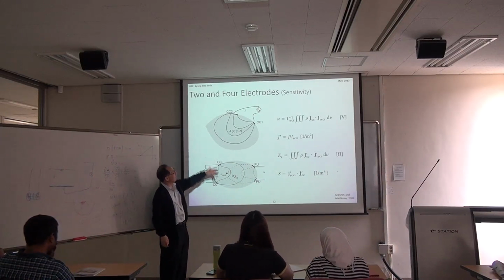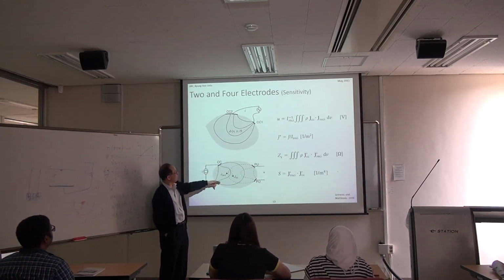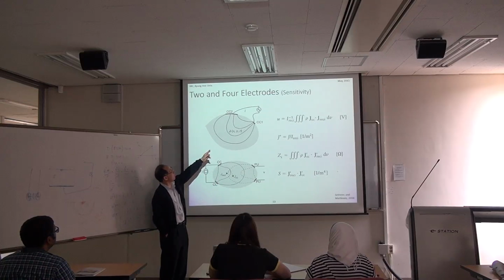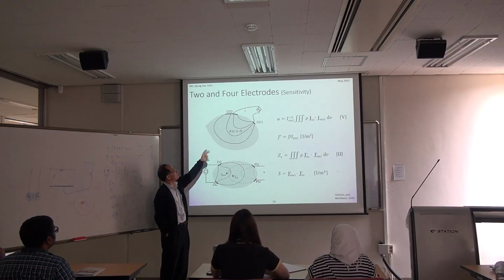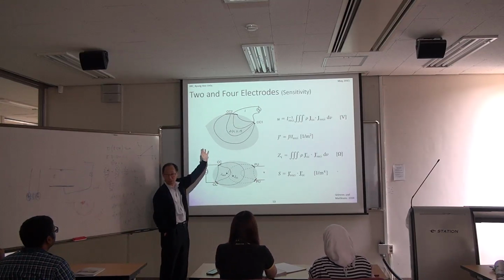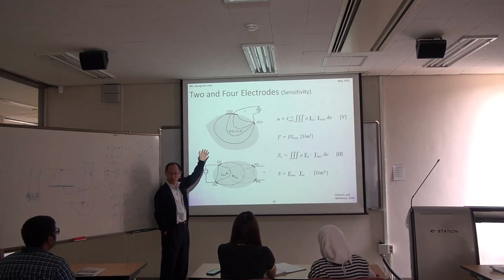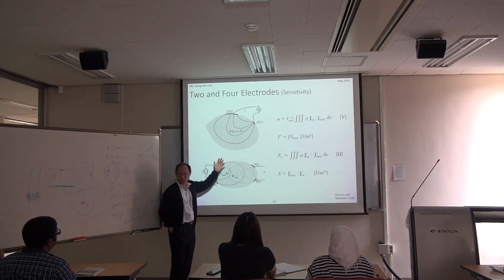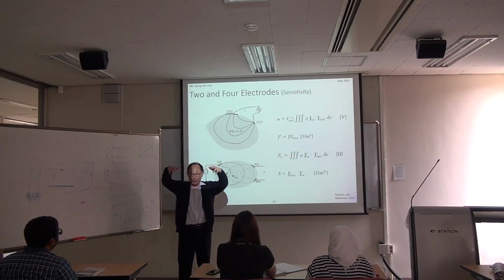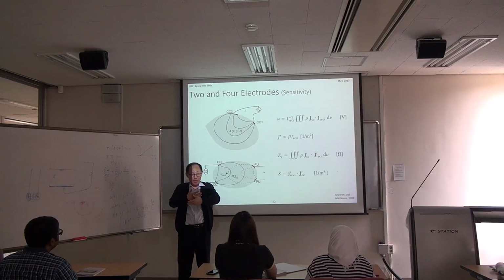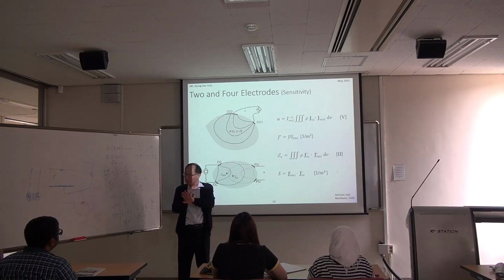Can anybody explain the meaning of that and the meaning of this? Here we are using just two electrodes to measure impedance. So we are injecting current between those two electrodes and measuring voltage between the same two electrodes. In this case, the lead field map and the induced current density map are the same, right?